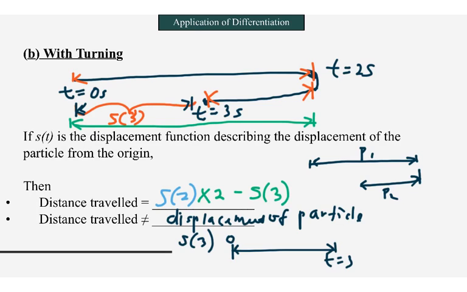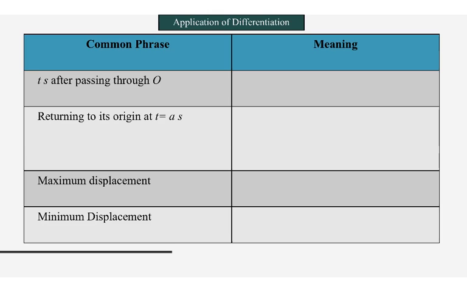So the distance traveled is not equivalent to the displacement of the particle. For you to solve kinematics questions effectively, there are some common phrases which you need to know so that they trigger the idea of what you need to put in for the problem solving.